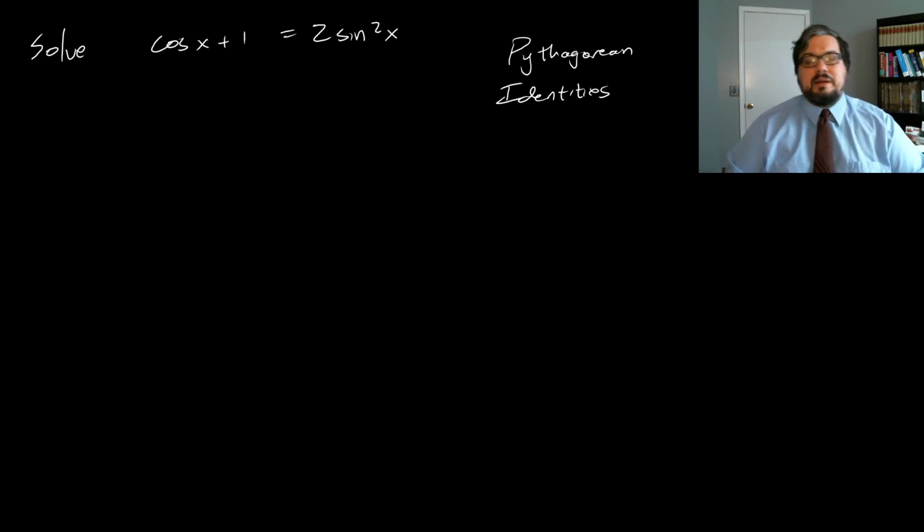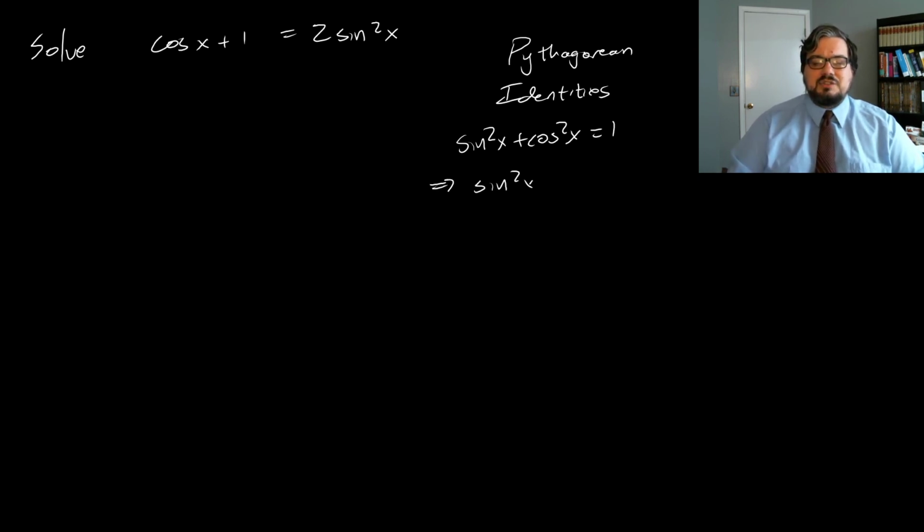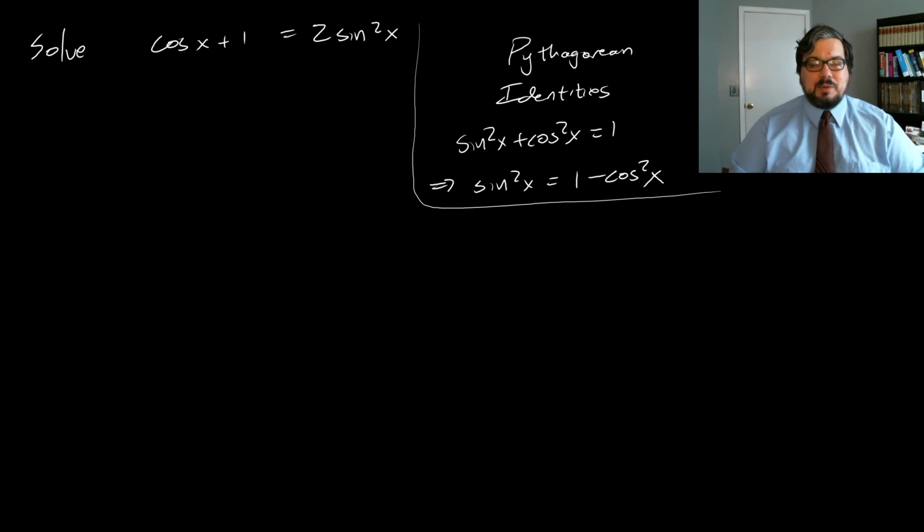Similarly for tangent squared and secant squared, and for cotangent squared and cosecant squared. So for instance, we have that sine squared x plus cosine squared x equals 1. But that means that sine squared x is equal to 1 minus cosine squared x. What this means is that whenever we see a sine squared x in our problem, we can replace it with a 1 minus cosine squared x.